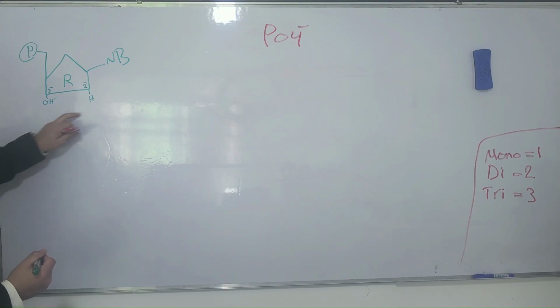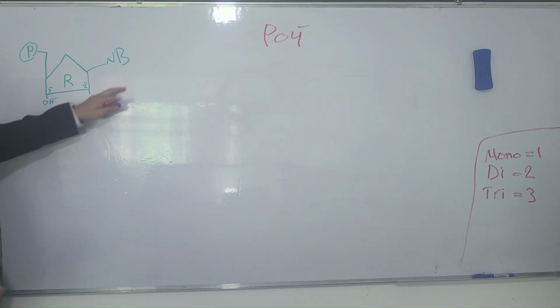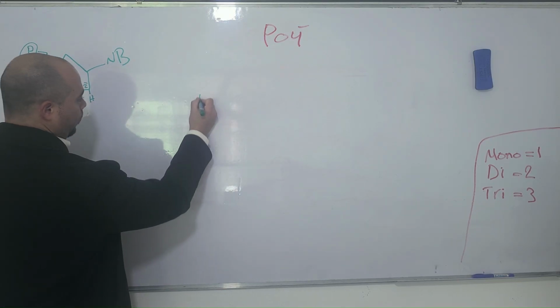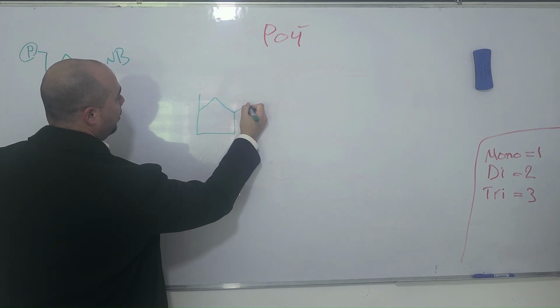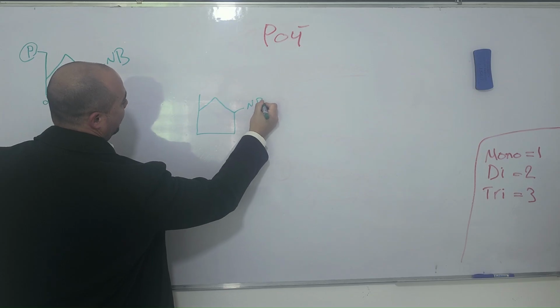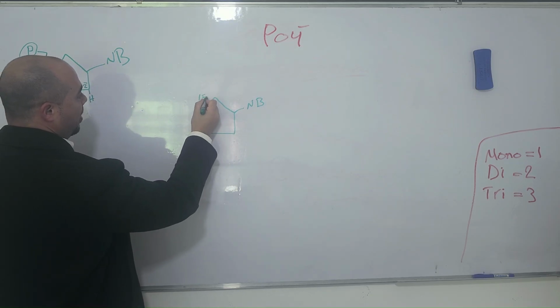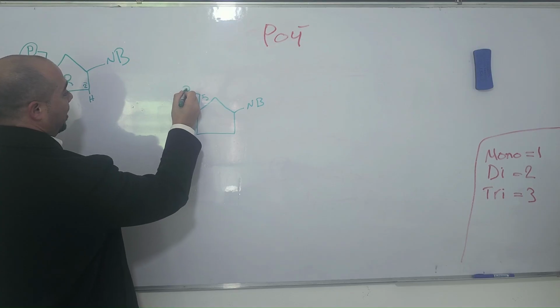So this is an active nucleotide, right? Suppose there is another nucleotide here that's carrying another nitrogen base. Here's the 5' end, and it has phosphate on it.